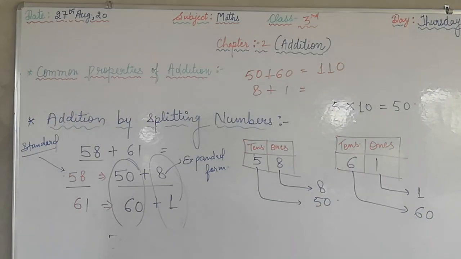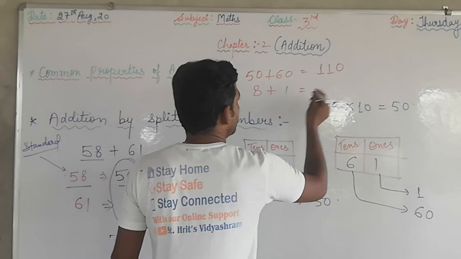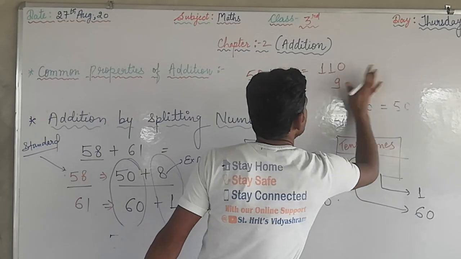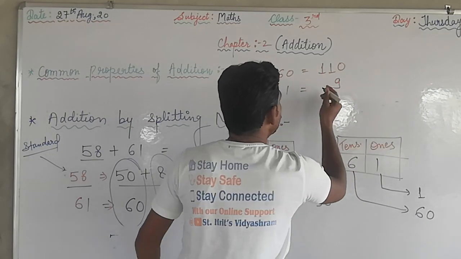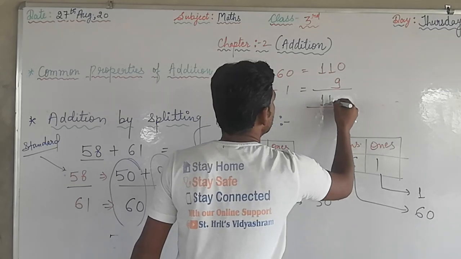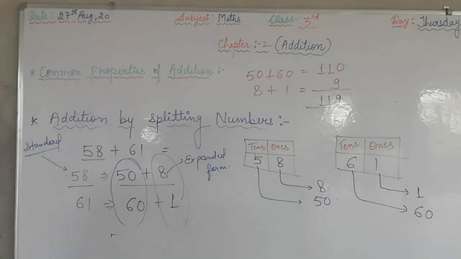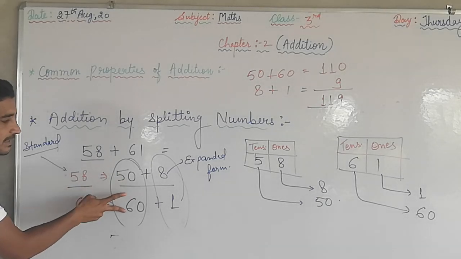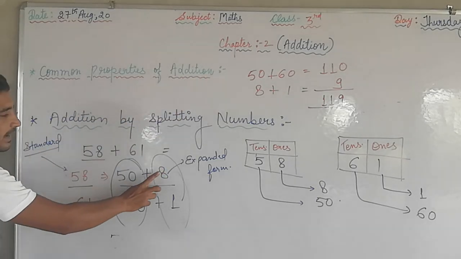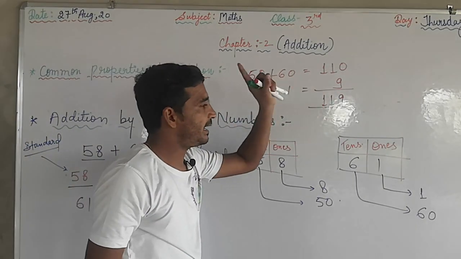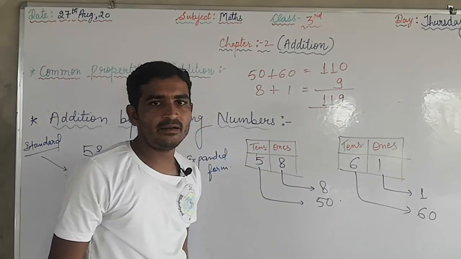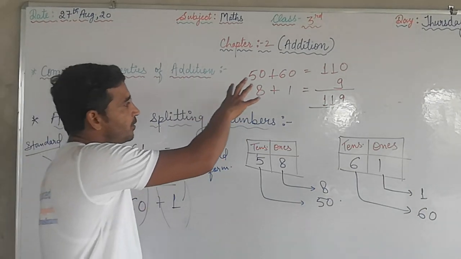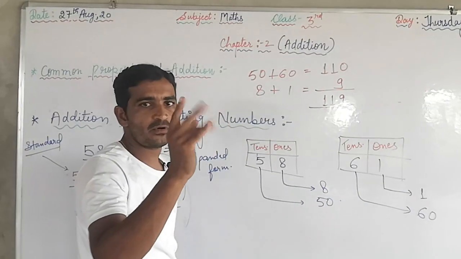And 8 plus 1 equals 9. What's the result you get? That is 119. There is no need to add them on the board. You can do your calculation on the tips of your fingers.